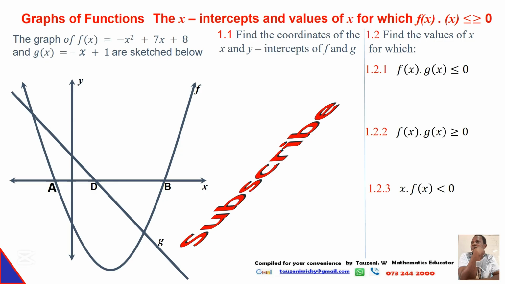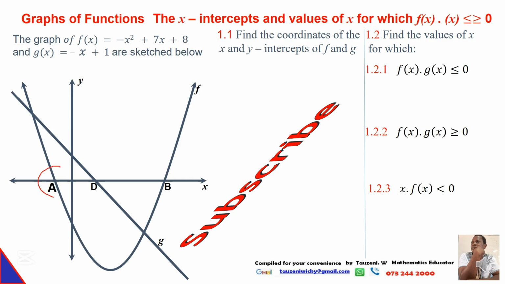In this particular section, we have explained how to find the coordinates of the points where the graph is crossing the x-axis, in other words, the x-intercepts. The x-intercepts are found by substituting y with 0.